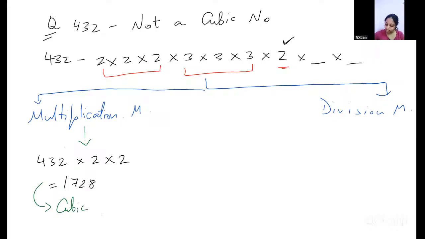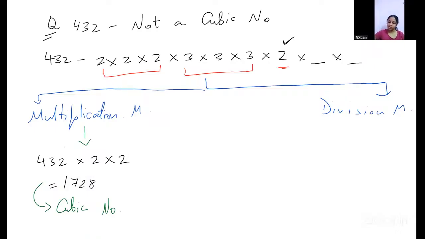That's okay. It's a cubic number, but 5 and 2 could have come, that would be closer to it. Yeah, but it's fine. 1728 is fine.